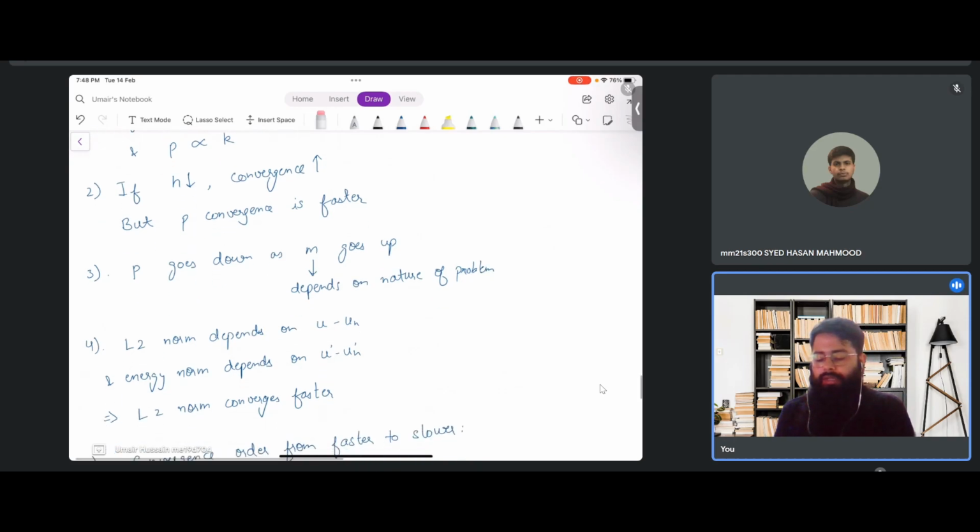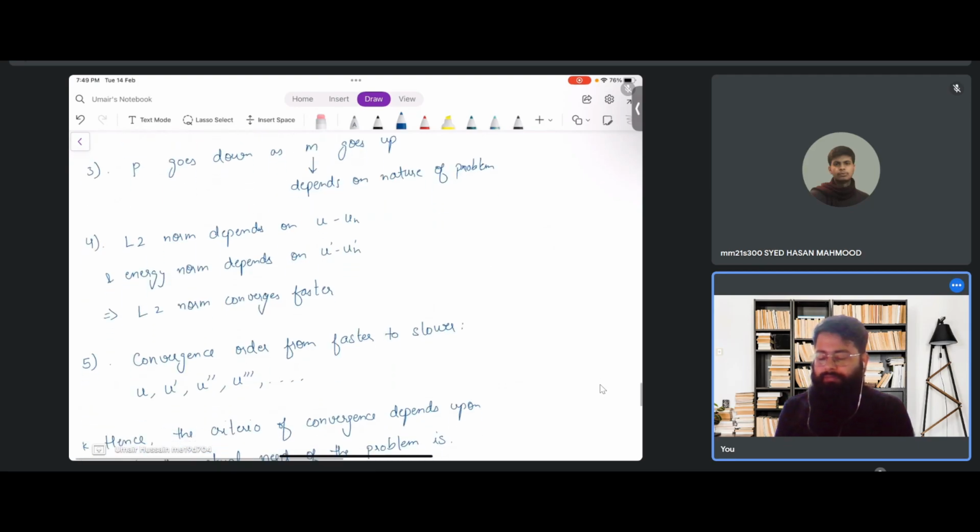In the L2 norm, it's the difference of the values of the solution, and in the energy norm, it's the difference of the derivative of the solution. So the L2 norm converges faster, since it's related to the values. And likewise, the higher the derivative we go, the slower the convergence we'll see.